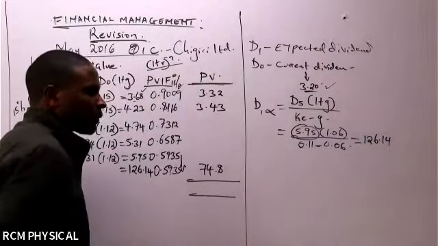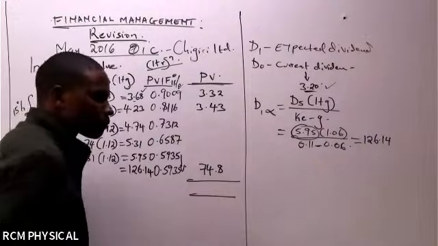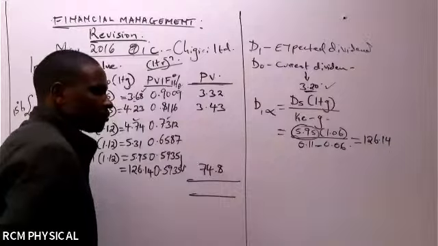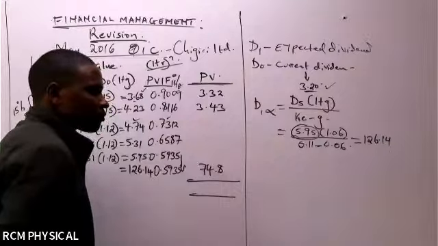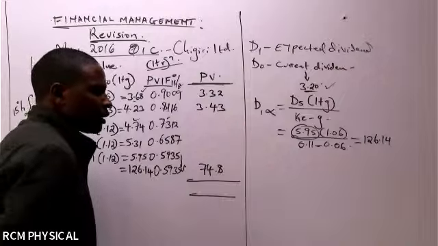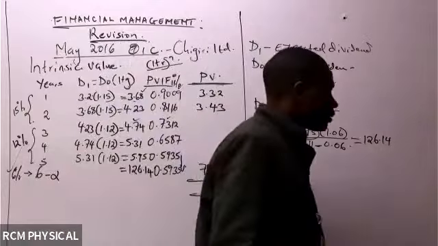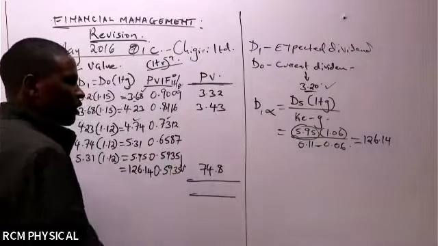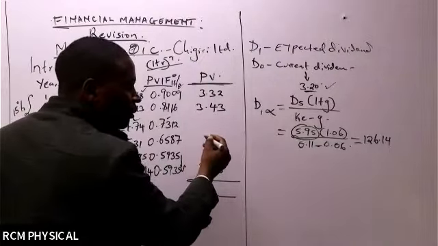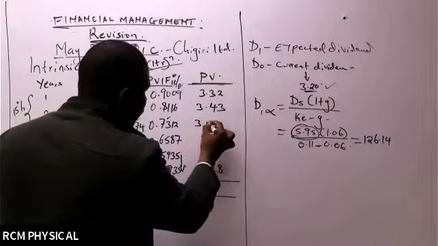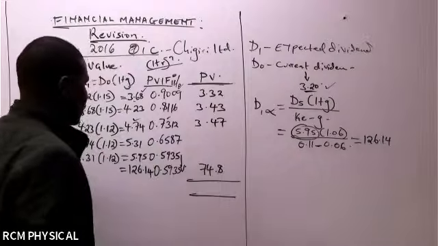Next one. Let's multiply this times this. It's okay if it hangs. Give me this: 3.47.